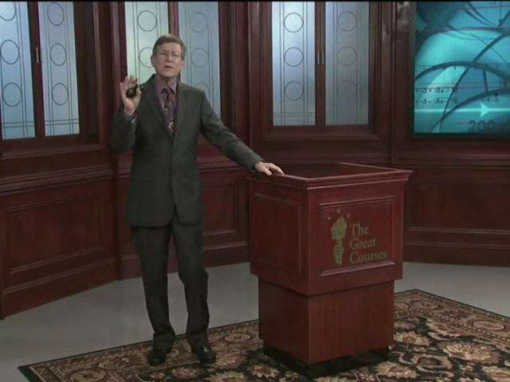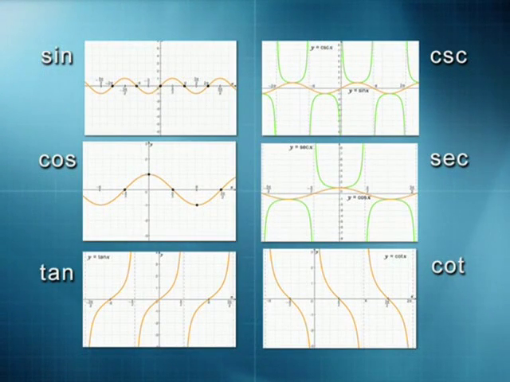So think in your mind a moment, what do the graphs of the trigonometric functions look like? Here's sine, cosine, tangent, etc. And you might immediately say to yourself, it's not going to work. Why not? They aren't one-to-one. They don't pass the horizontal line test, do they?